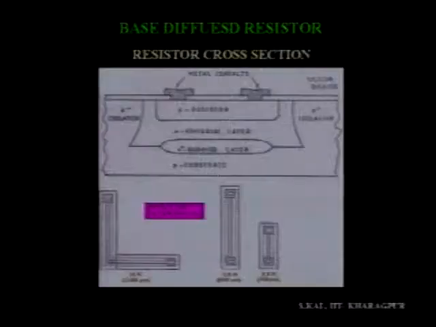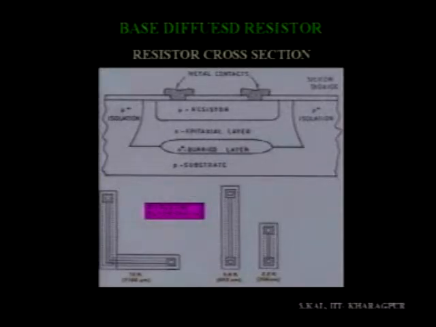Okay. Now, this is the structure of the resistances, and in a VLSI, the resistances are formed along with the transistor. For resistance, no extra diffusion step is used. In a transistor, you have seen the two major diffusion steps are base diffusion and emitter diffusion.